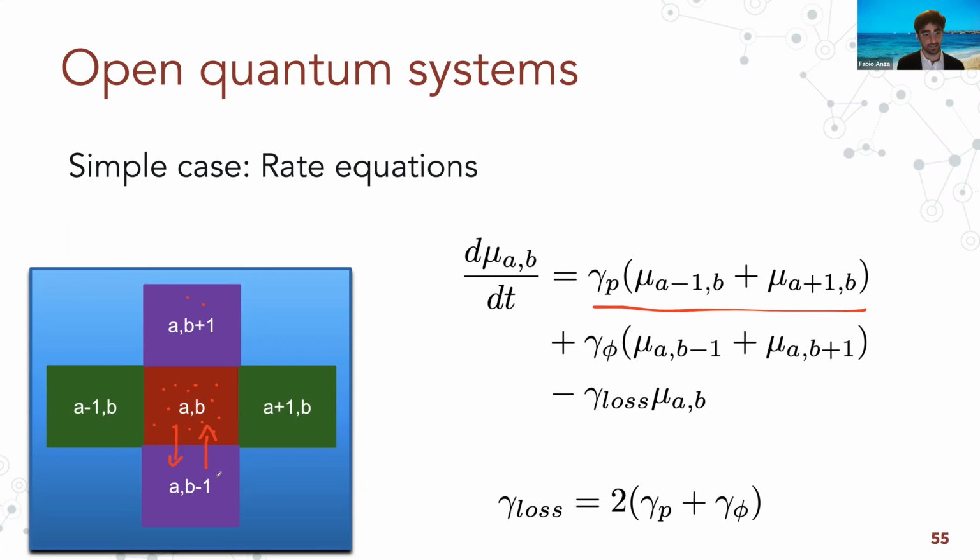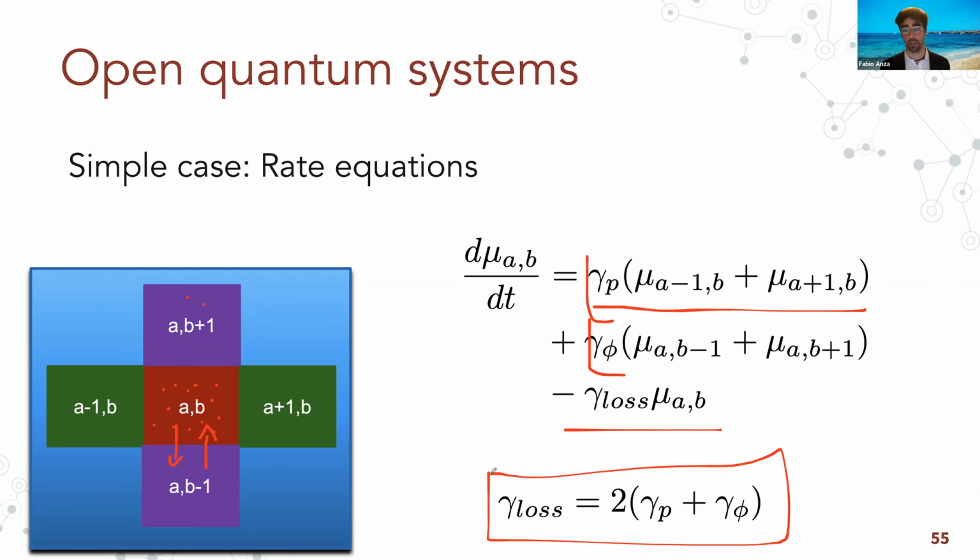The going inside is this part, gamma P and gamma phi, because this is true in the P direction and in the phi direction. And then you have a loss term, because for the same reason, particles are going outside the cell AB. This follows from some kind of assumption like there is no special cell, so they all have very similar behavior. And the conservation of probability gives you a relation between the loss term and the gain coefficients.